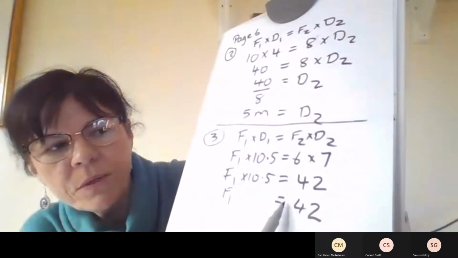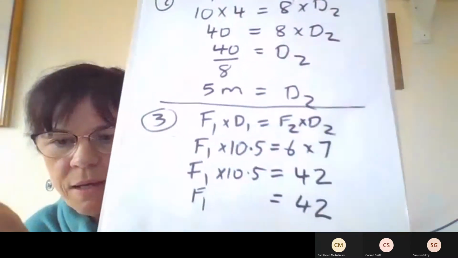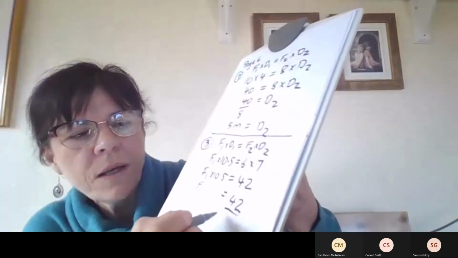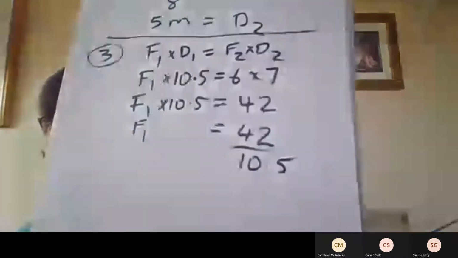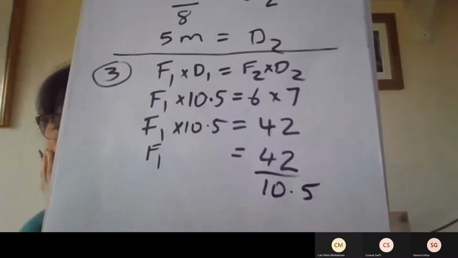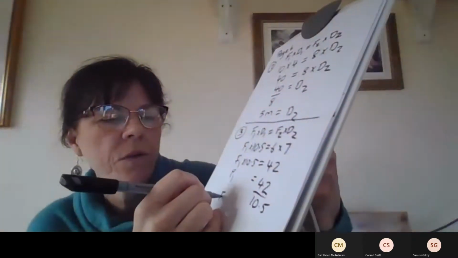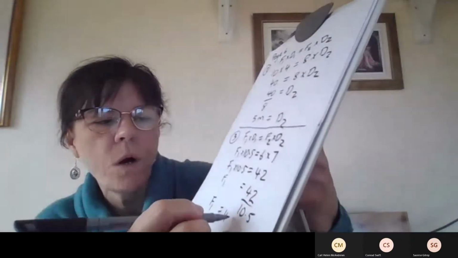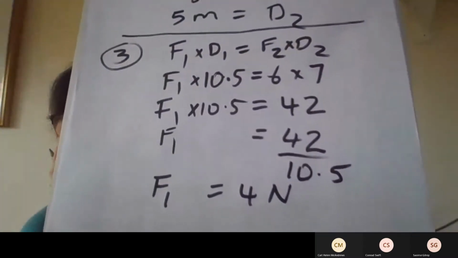It's multiplying here, it becomes dividing when it comes across the equal sign. You put that into your calculator: 42 divided by 10.5 and press equals, and your calculator should give you 4. And that's force, so put capital N for newtons as your unit.